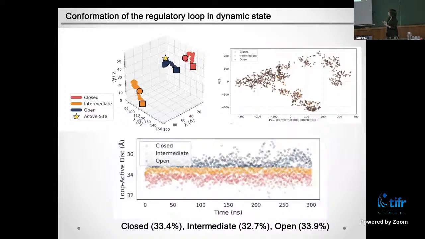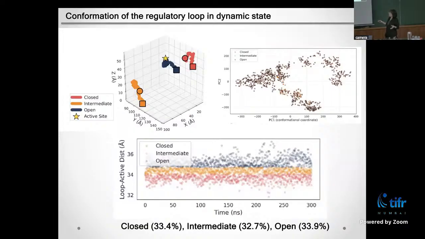So what we find is that if we just do a principal component analysis of the loop C alpha Cartesian coordinates, and if we measure the minimum distance of the loop from the active site, what we end up with is about 33.4% of the time the loop appears to close the active site.